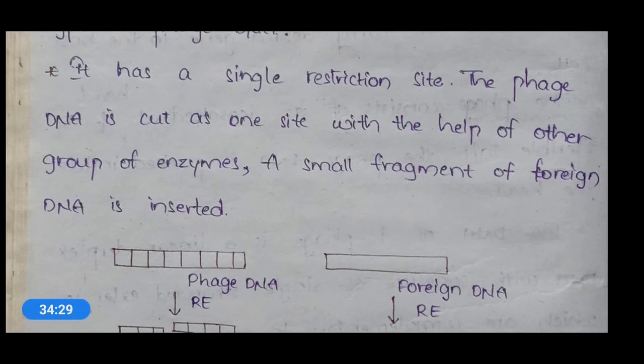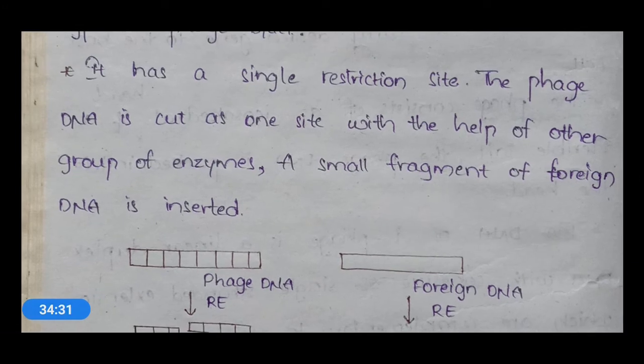So what we have done here: a single restriction site will be present on the phage DNA, and the restriction enzyme will act on that site.